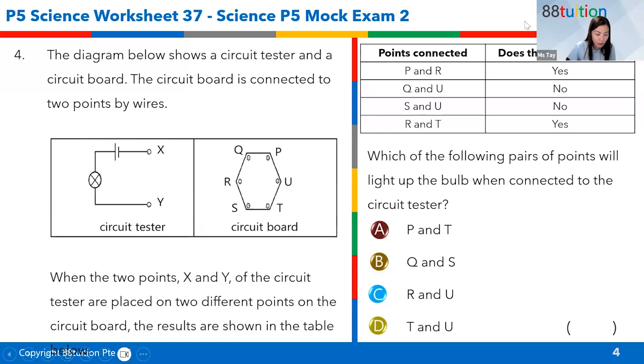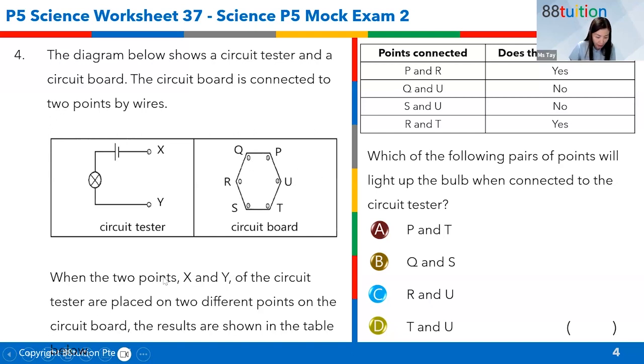Now, question 4 says there's a diagram with a circuit tester and a circuit board. Honey, maybe you have not tried it out yet, but the rest of you should have. So what does this do when you connect X and Y to any two points? Let's say the bulb lights up. That means there's a wire connecting the two points. There's a form of wire.